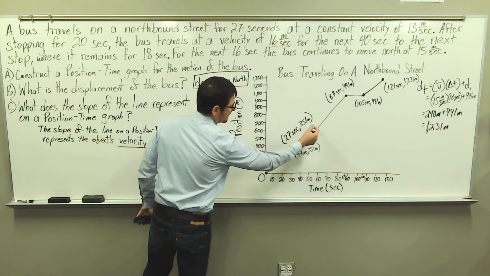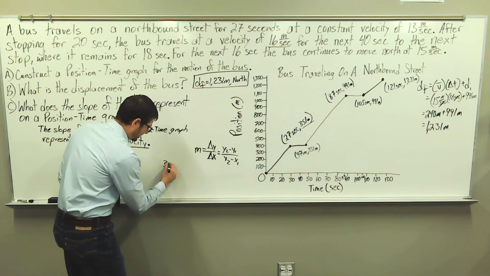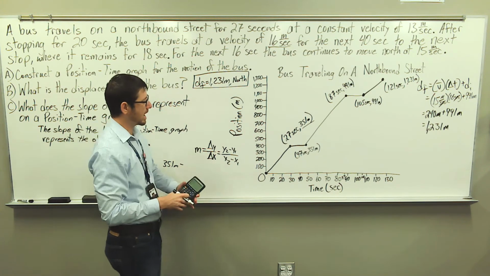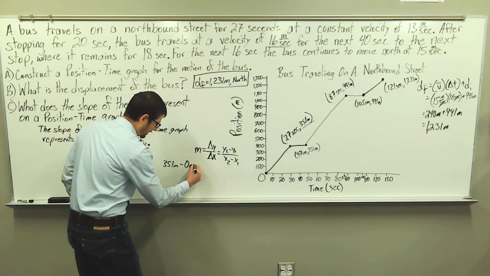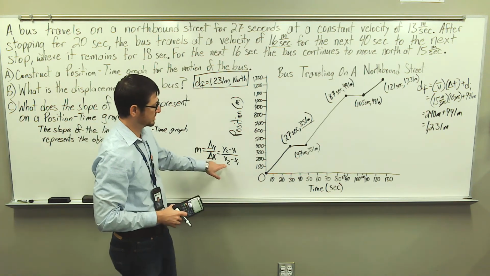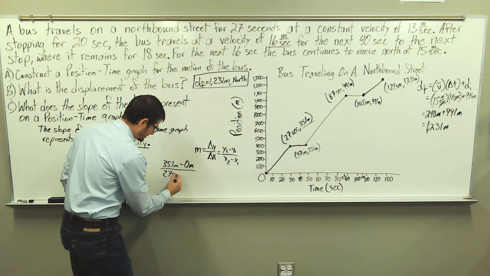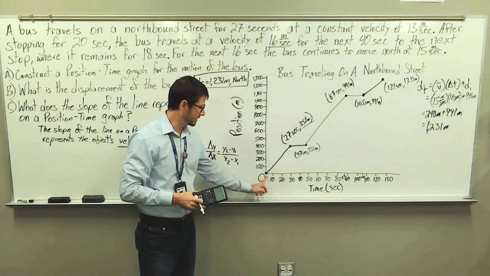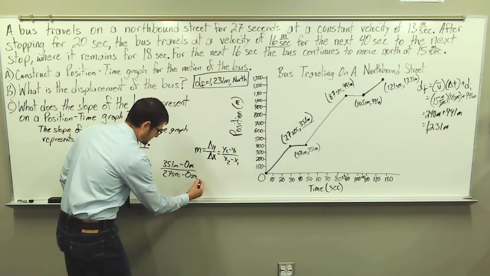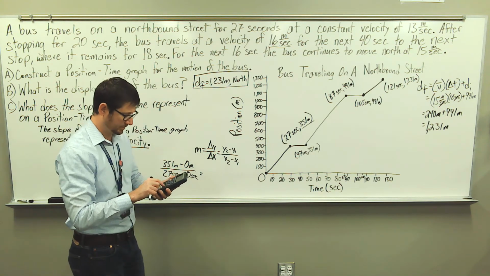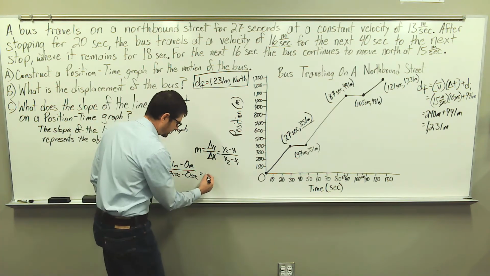Y2, well, here we have 351 meters. So 351 meters minus y1. Well, remember that we started at the origin, so minus 0 meters, divided by x2. We're at 27 seconds minus x1, well, we're at the origin, so 0 seconds. We can do 351 divided by 27, and this gives me 13.